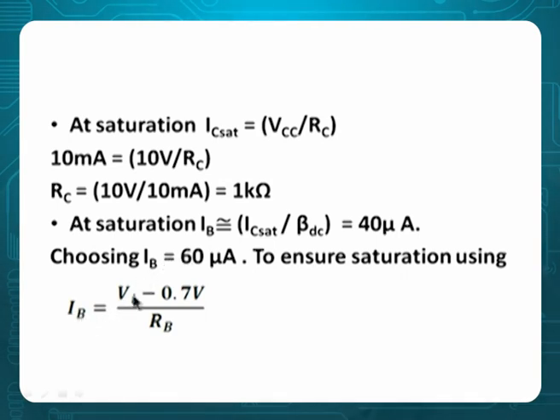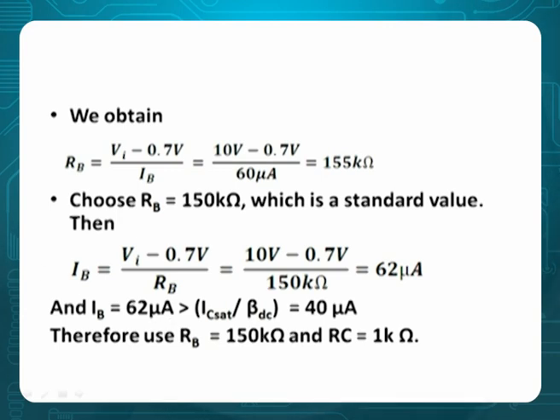Then IB is VI minus 0.7 by RB. If you calculate RB with IB taken as 60 micro, you get 155 kilo ohms. But 155 kilo is normally not available in the market, so you can take 150 as a standard value. Therefore, I am finalizing RB is 150 kilo, RC is 1 kilo.